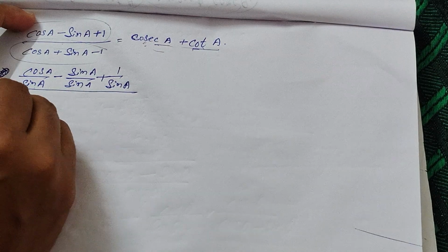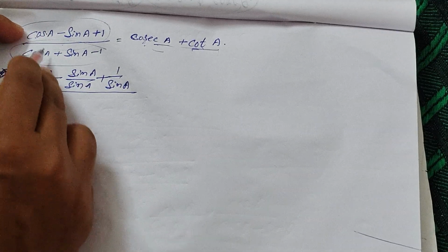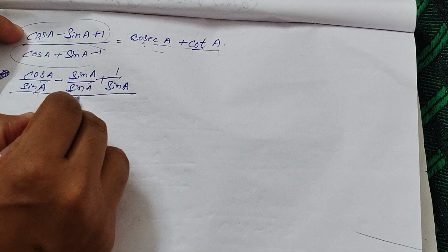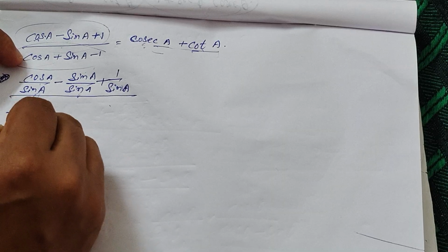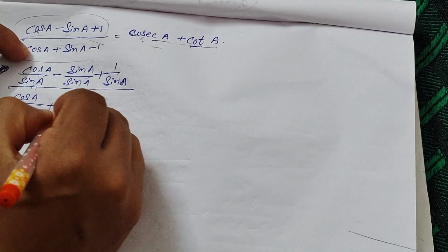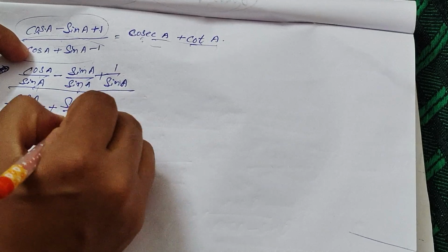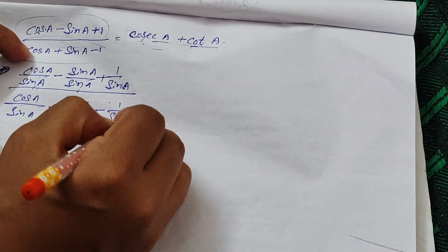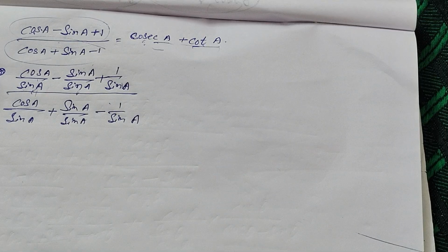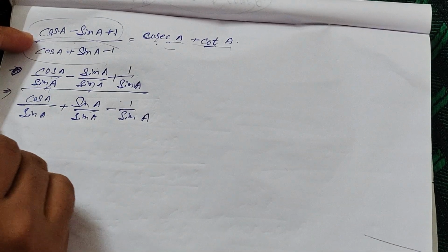So cos A by sin A, minus sin A by sin A, plus 1 by sin A. Again here also cos A by sin A, plus sin A by sin A, minus 1 by sin A. Clear? We have to take sin only.